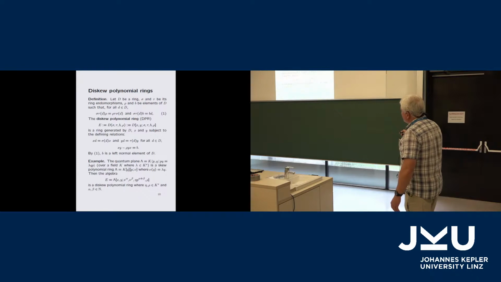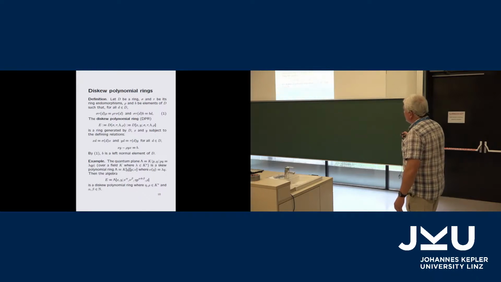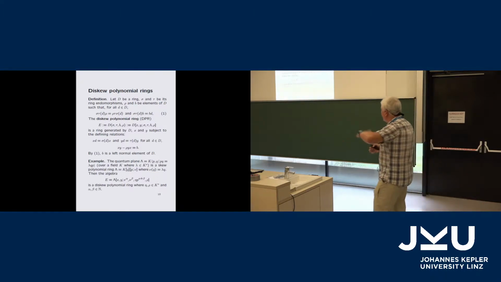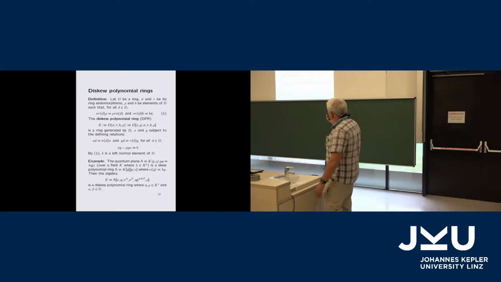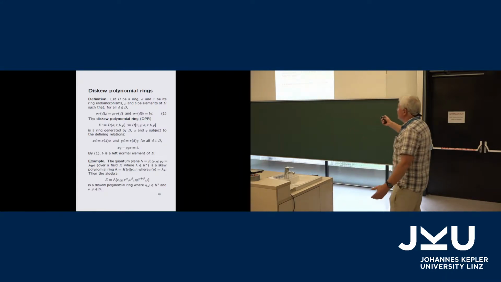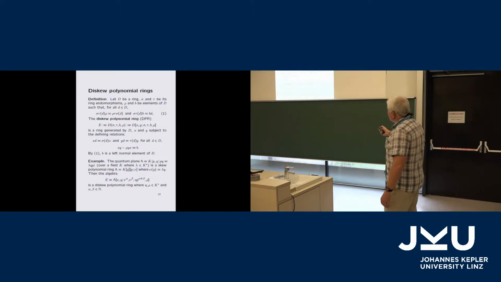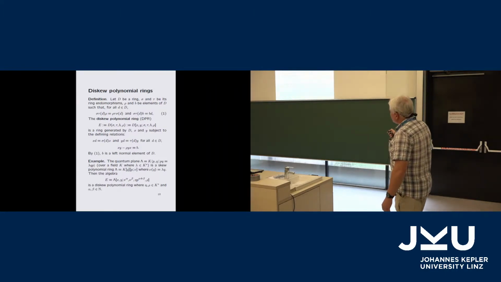So D is a ring, sigma and tau are ring endomorphisms, and rho and B are simply elements of D. Suppose D is your ring of differential operators on a variety; these will be endomorphisms of this ring, and rho and B will be differential operators, such that these 2 conditions hold. Then what is a diskew polynomial ring?